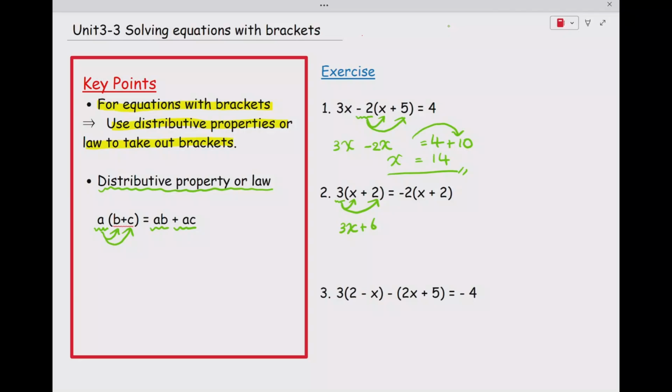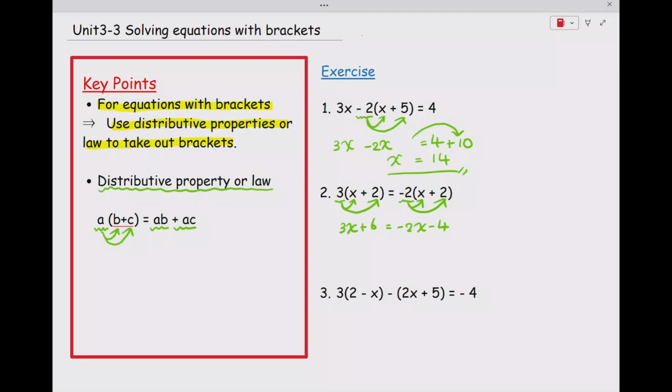Then, next, let's do the same thing on minus 2 brackets x plus 2. First, multiply the minus 2 onto x and plus 2, respectively. Then, you get minus 2x, minus 4. So the original equation becomes 3x plus 6 equals minus 2x, minus 4.